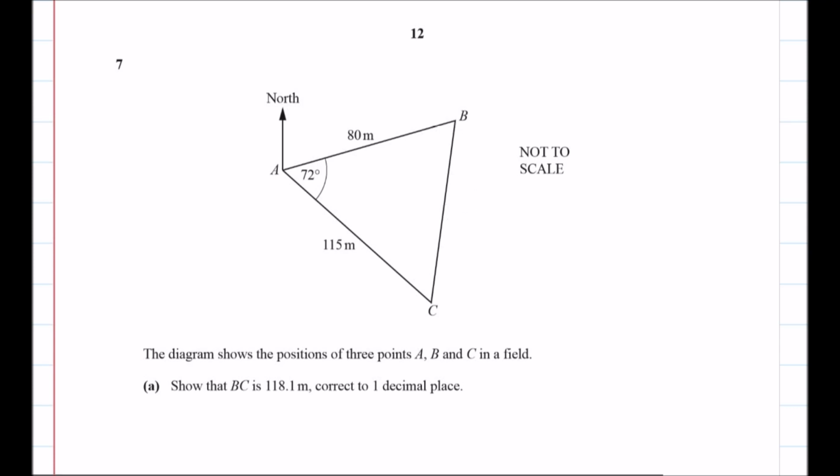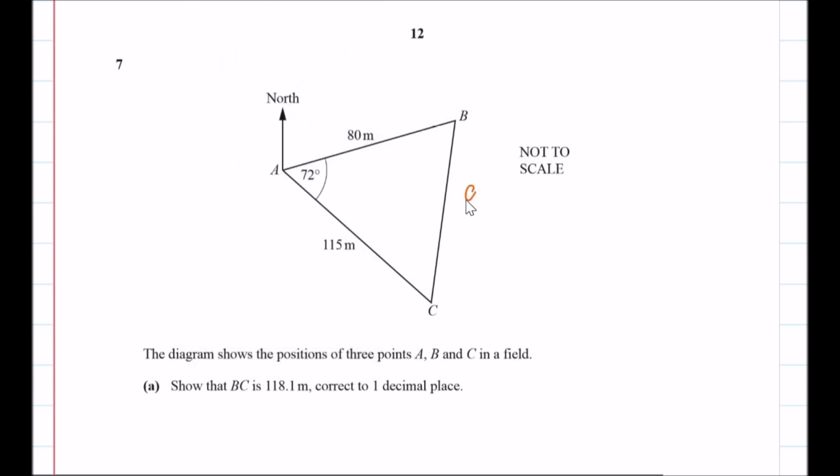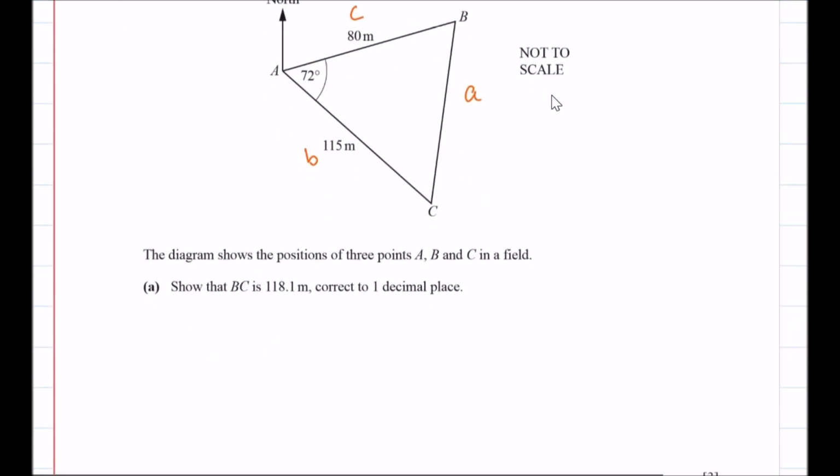Okay, let's mark it here. This is A. Then this becomes B. This becomes C. And if you remember the formula, A is equal to the square root of B square plus C square minus 2BC cos A, right?